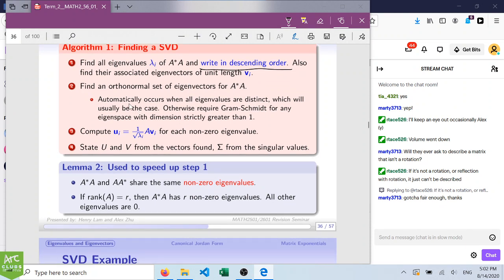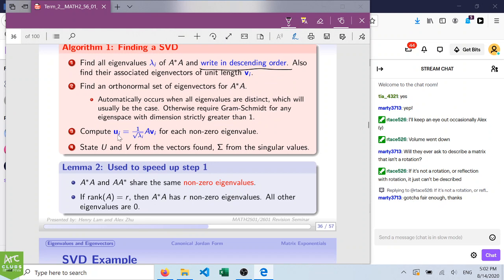And then we use the Gram-Schmidt procedure if there are any missing eigenvectors. This automatically occurs when all eigenvalues are distinct, and that's usually the case. But if not all eigenvalues are distinct, we need to fill it up with Gram-Schmidt.